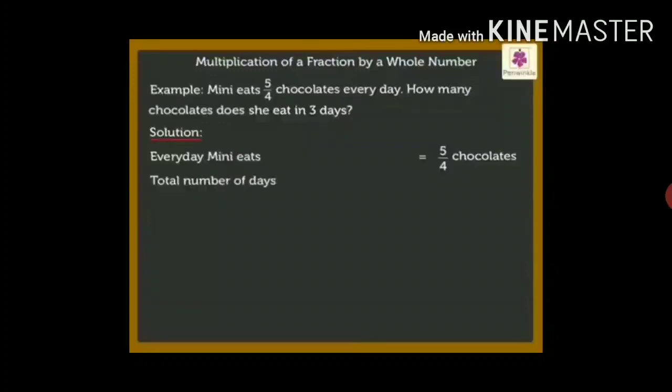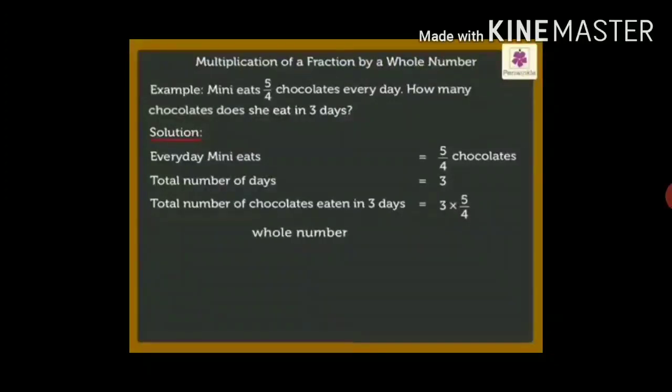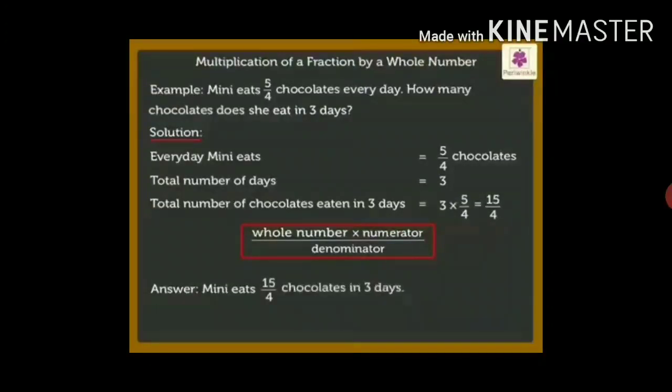Total number of days is equal to 3 days. Total number of chocolates that she eats in 3 days is equal to 3 into 5 upon 4. So, to find the answer, we use the formula whole number into numerator upon denominator. Therefore, 3 into 5 upon 4 is equal to 15 upon 4. Thus, Minnie eats 15 upon 4 chocolates in 3 days.